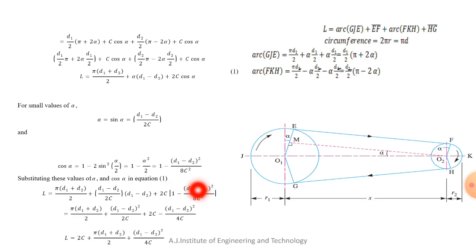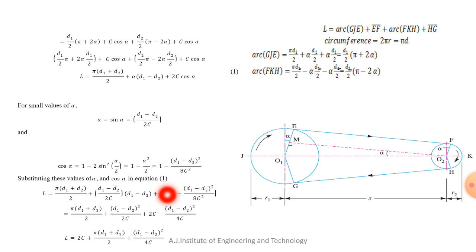So that is the expression for length of belt in open belt drive. So the expression is L equal to 2c plus pi into d1 plus d2 divided by 2 plus d1 minus d2 whole square divided by 4c.